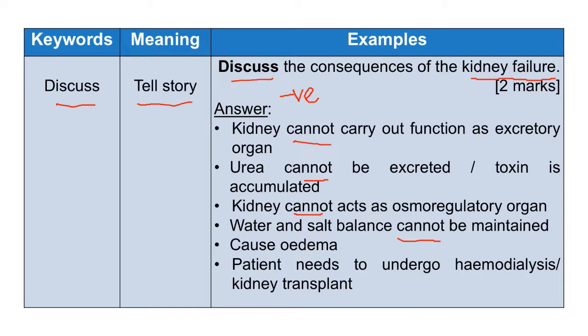So the kidney cannot function as an osmoregulatory organ. The water and the salt balance cannot be maintained. So this causes edema, and the patient needs to undergo hemodialysis and kidney transplant. So the question here is 2 marks, but you need to tell a lot of story on the consequences.